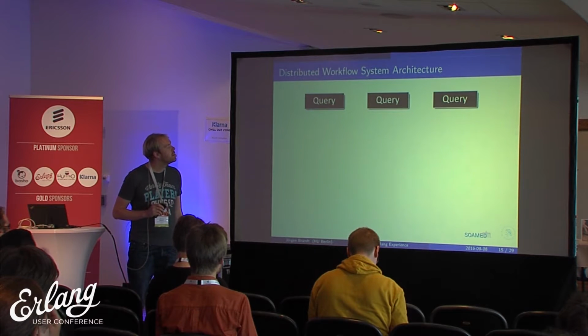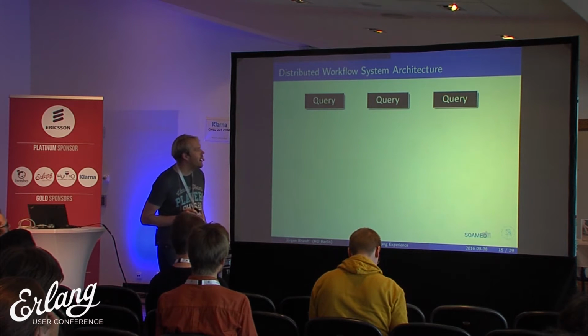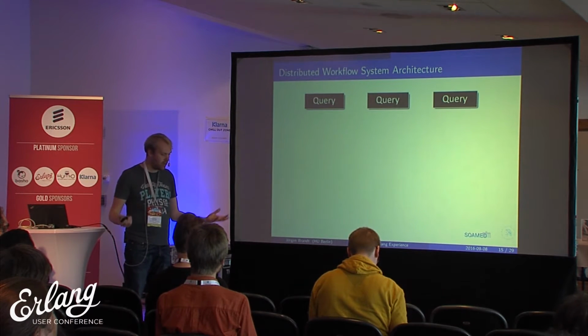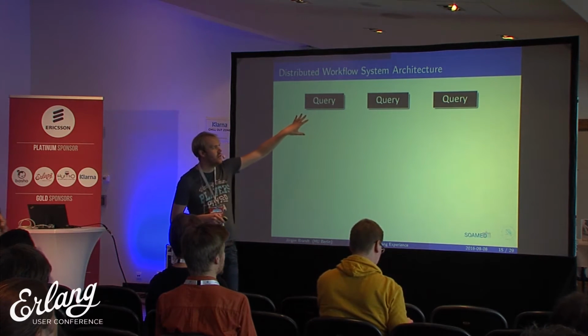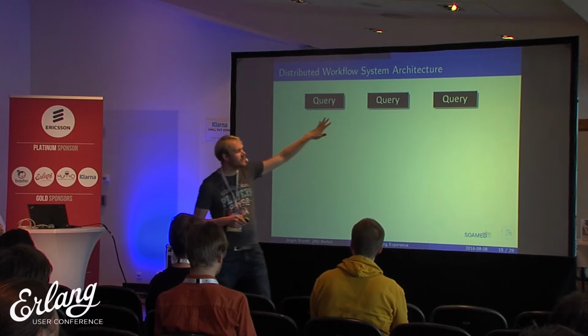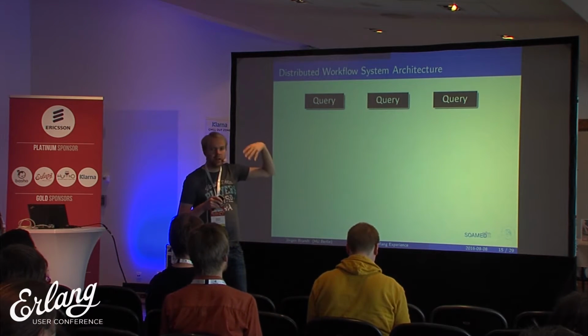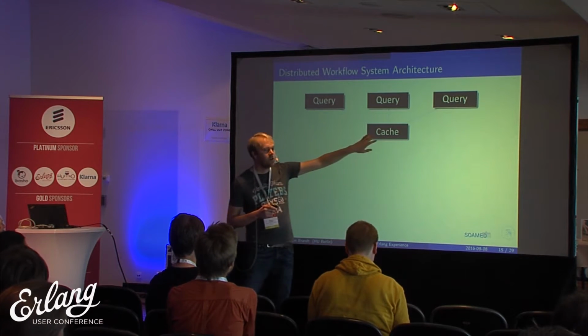And let me show you just as an overview how the architecture of an overall workflow system could look like. On the top level, you have these queries, which could be several workflows that are running at the same time, and they all talk to a cache.